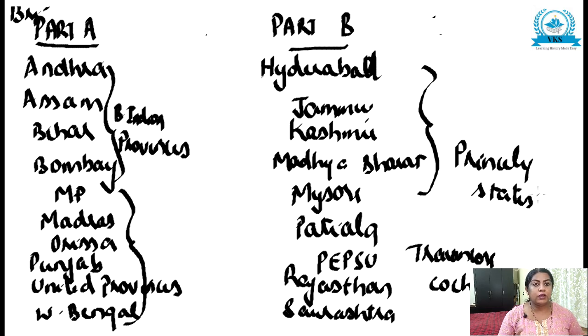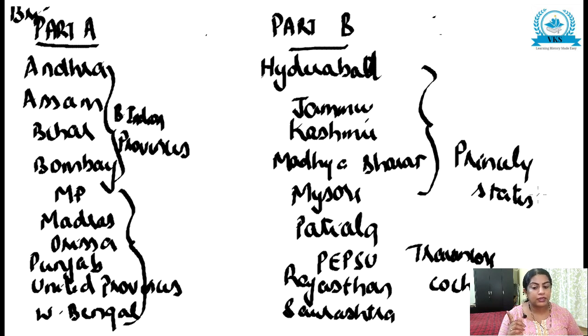Before, we said that the Indian territory consisted of British Indian provinces as well as princely states, and because of this reorganization was necessary. So when reorganization came after the constitution, Part A states were the British Indian provinces and Part B states were the princely states.